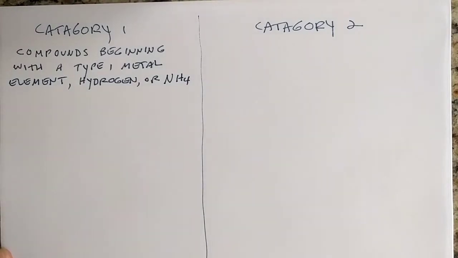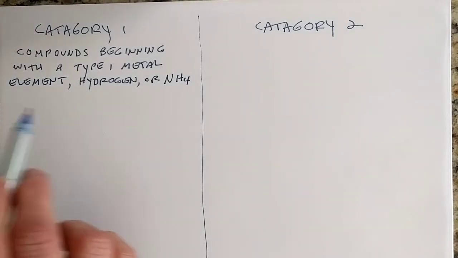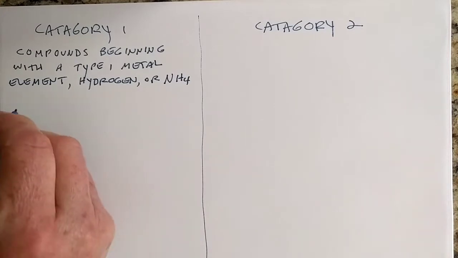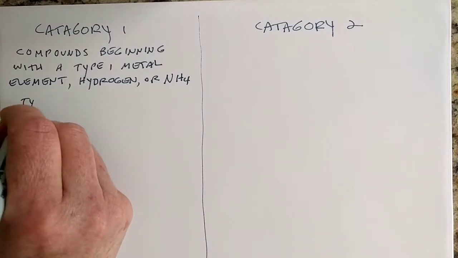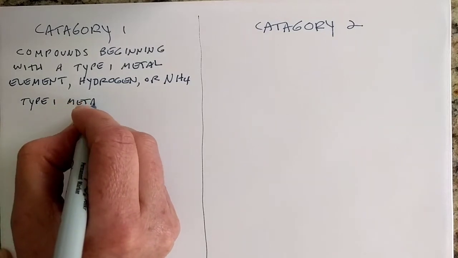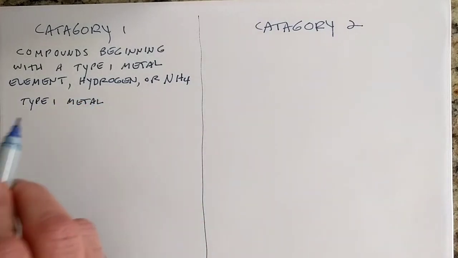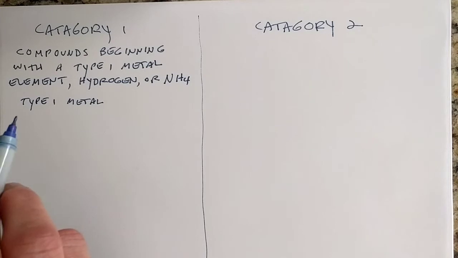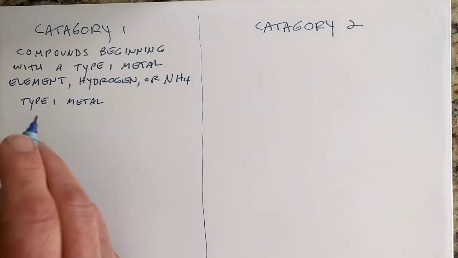All right, so what do we mean by a type 1 metal? Let's review that. So type 1 metal, first of all it's metals. They are metals that only have cations with a single charge.